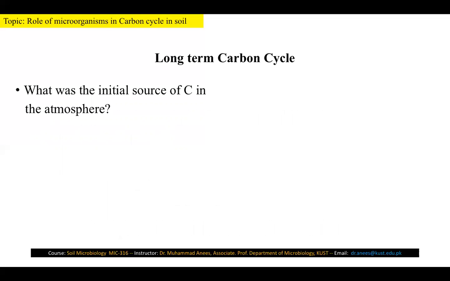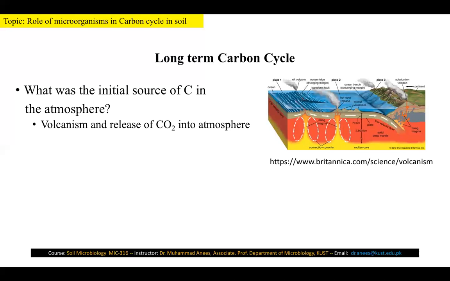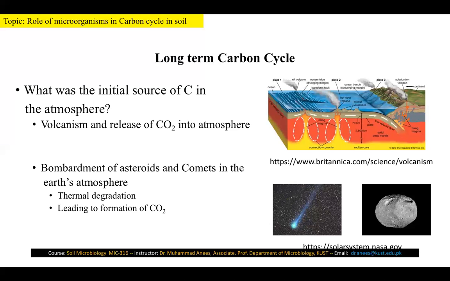If we think about how carbon entered the atmosphere, it is thought that volcanism led to the release of carbon dioxide in the atmosphere, and then probably heavenly particles like asteroids and comets that bombarded the Earth's atmosphere were degraded due to high temperature and converted into carbon in the form of carbon dioxide.